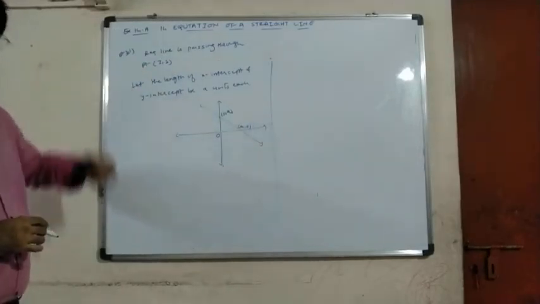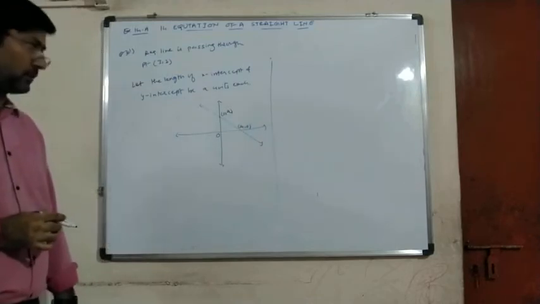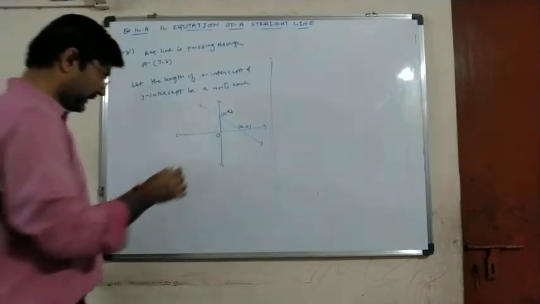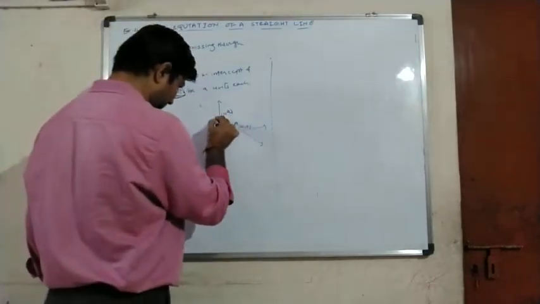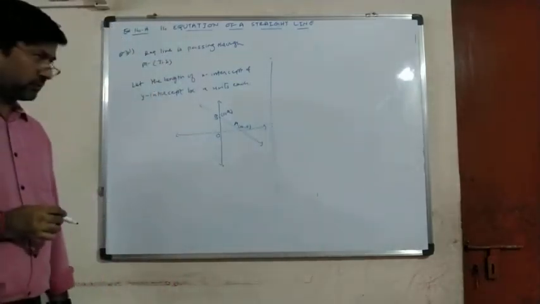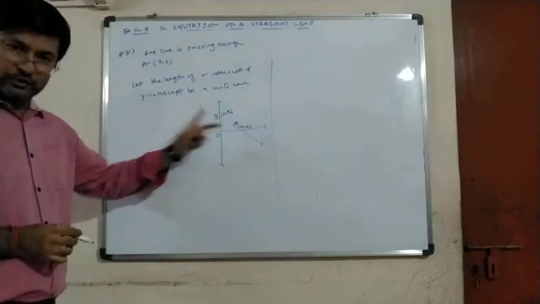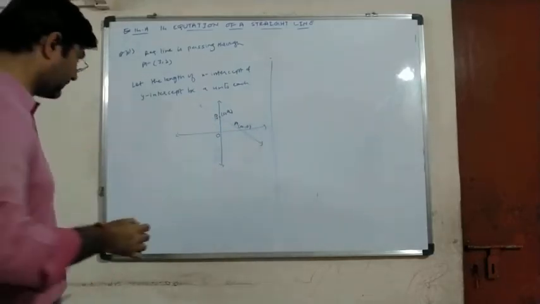One more point is given, 3, 2. So the required line is passing through the point 3, 2. Suppose A and B are the points on the x and y axes, so we can frame a line. Using these 2 points, we will frame the equation of the line.